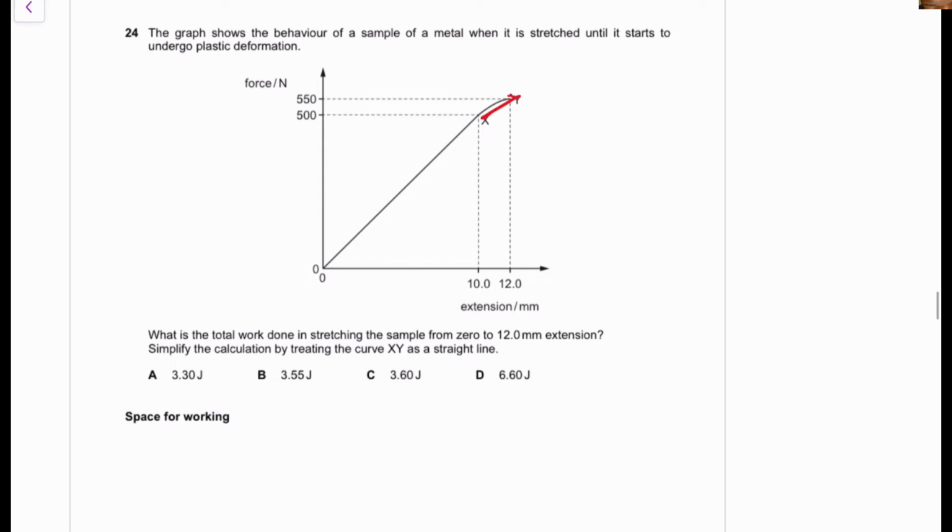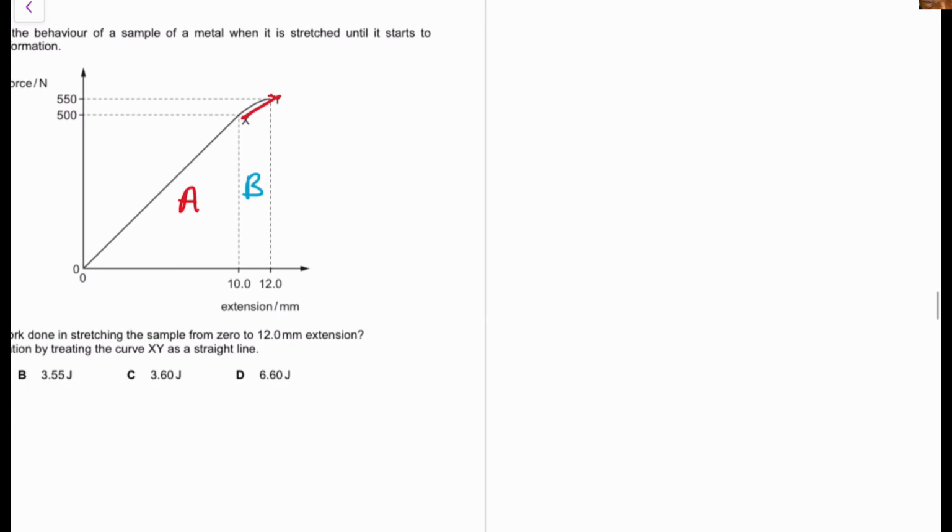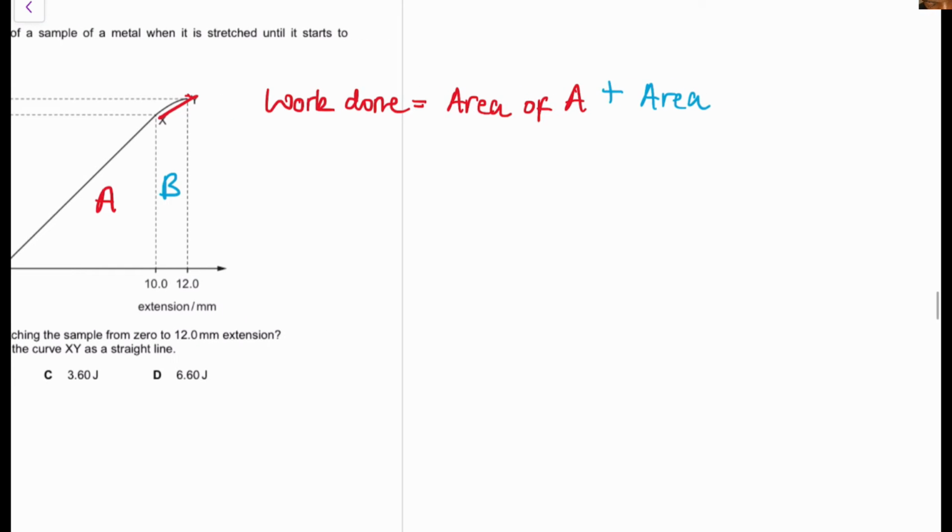So basically, we're going to have two shapes, shape A and shape B. So what are we going to do? We're going to say the total work done will be equal to the area of A plus the area of B. Very important, guys, for you to conceptualize these things in a way that you can understand and comprehend.